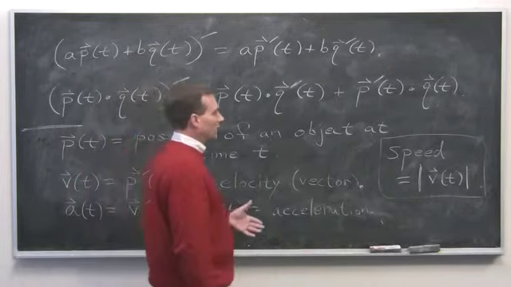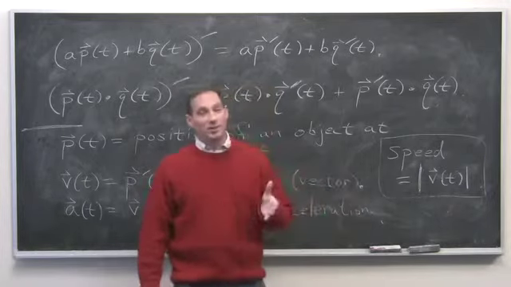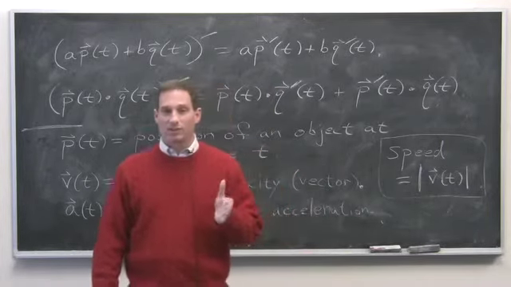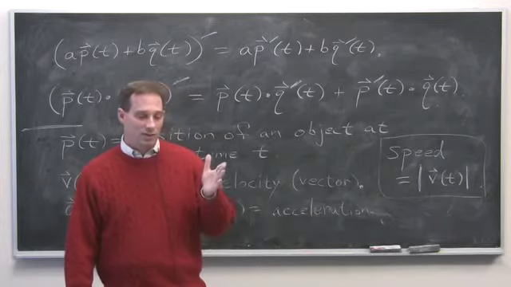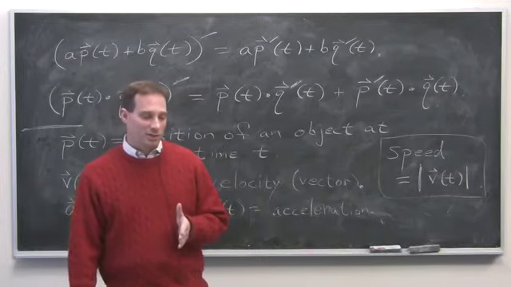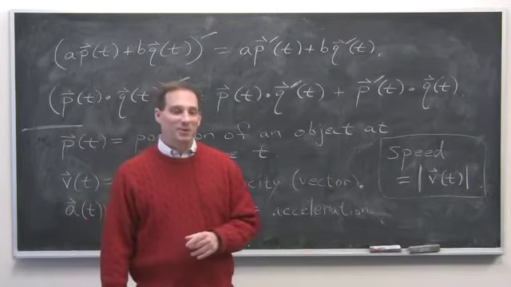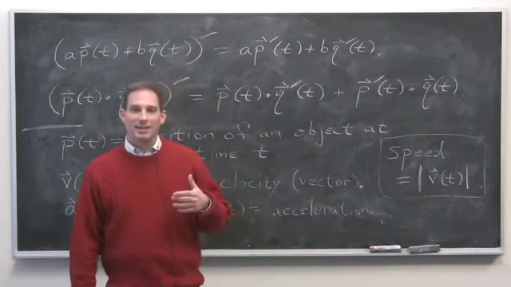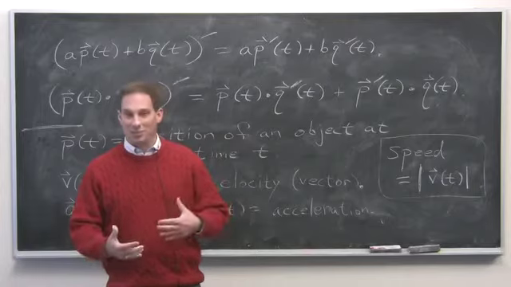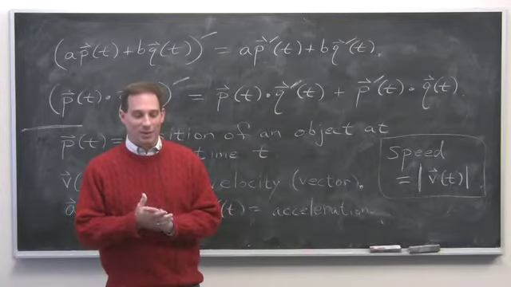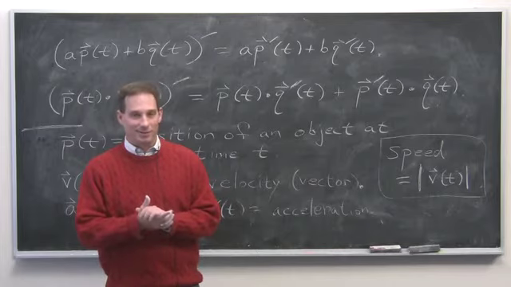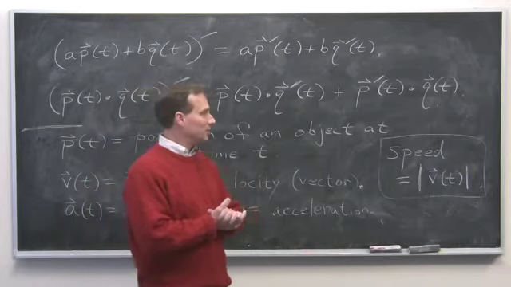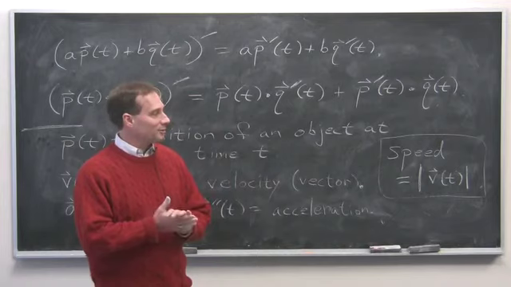Now we're saying speed is the magnitude of the velocity, but we'd still like to see that this is the same as the instantaneous rate of change of the distance traveled by the object. But that's what we'll do in the section on distance traveled in the plane and in space, not in the appendix. So we'll stop this here and go back to chapter 3.